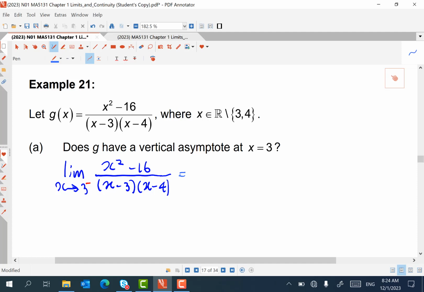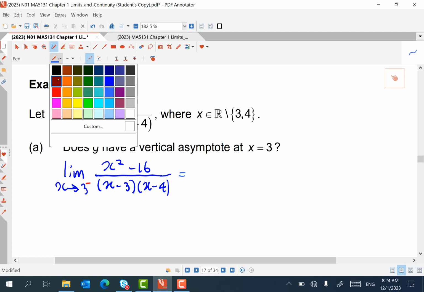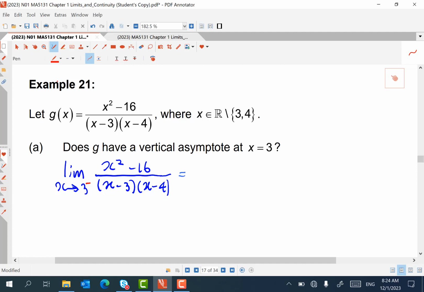Let's see what happens again. For the numerator, when x tends towards 3 minus, what can you say about the numerator? The numerator will be something negative. The denominator is going to be something negative and small.